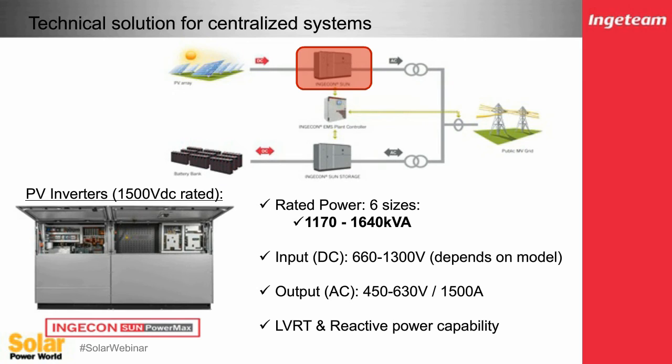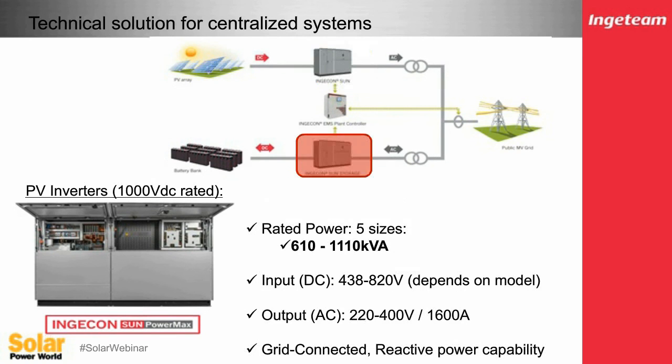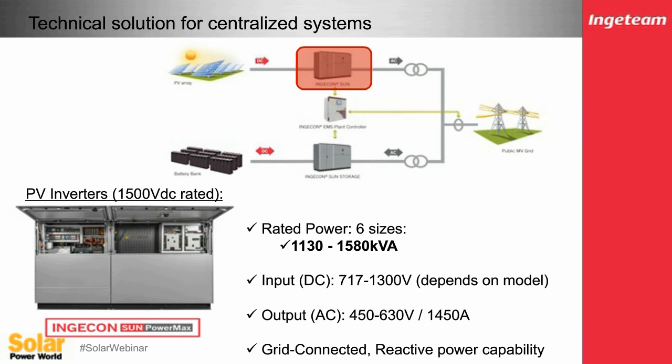This entire family, included with the next slides of our battery product line, comes from the same family of products. For our 1,000 volt storage system, it also includes battery inverters, which are rated 610 to 1110 kW in power. And our 1,500 volt family is capable of 1130 to 1580 kVA.